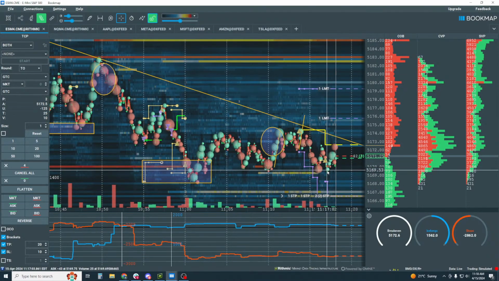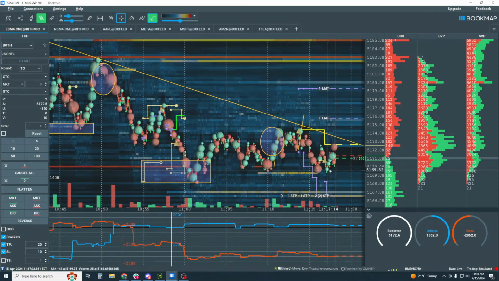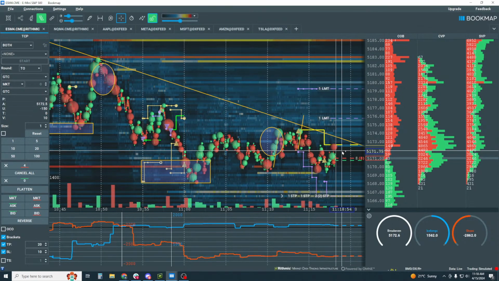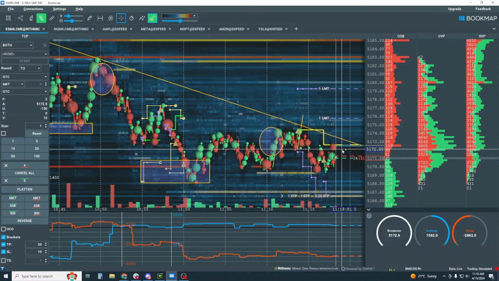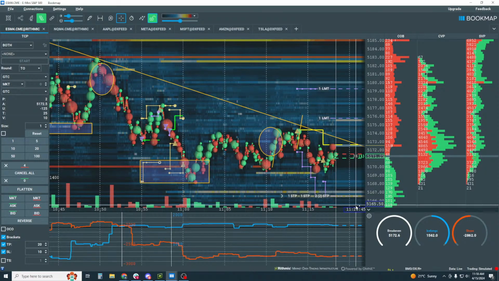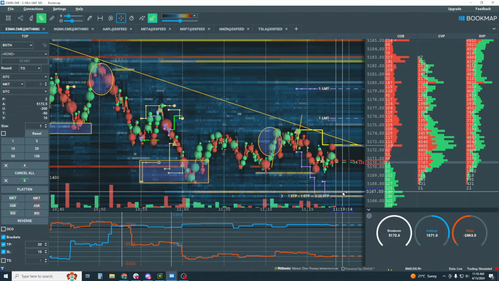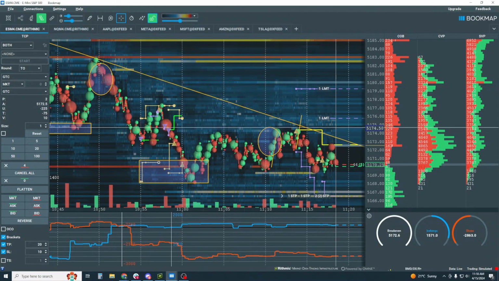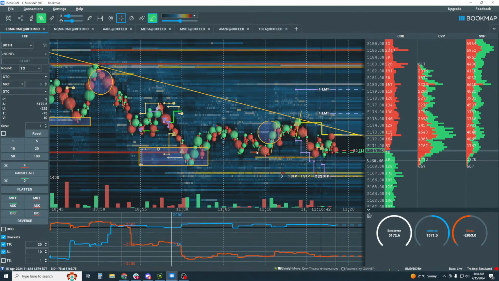This is nice. Okay, so this is it here. This is really where we have to get these buyers in here. They have to come in here at this 72 level. Okay, we've got to see a lot here. Okay, if we see a lot of selling in here, then I'm just going to exit it.